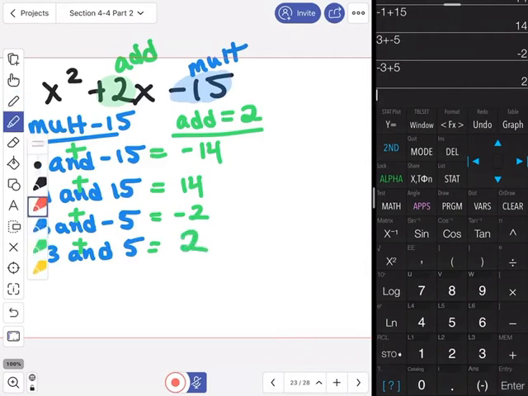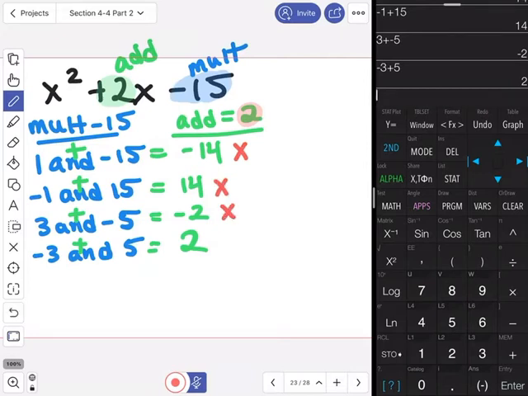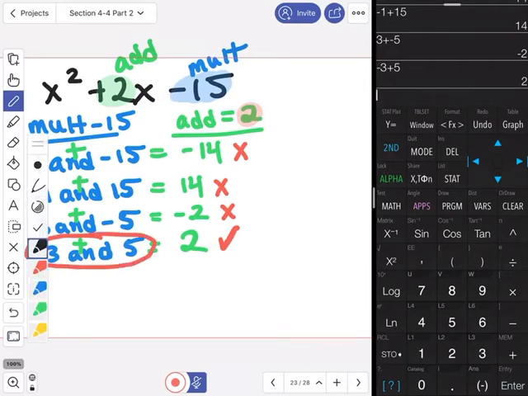So the question is asking us to determine which set of numbers add to positive 2, and looking at our list, negative 14 doesn't work, 14 doesn't work, negative 2 doesn't work, but positive 2 does, meaning that the set of numbers that works is negative 3 and 5.